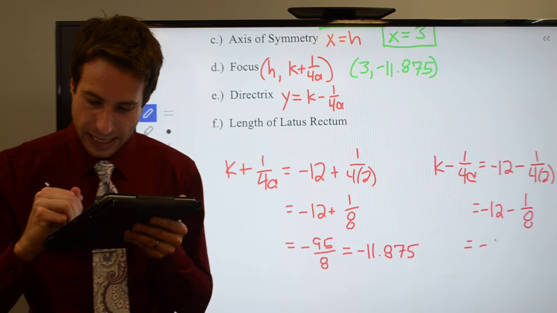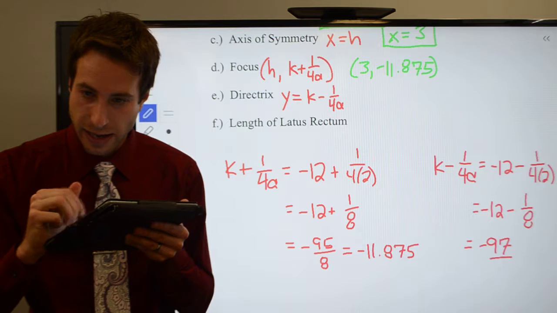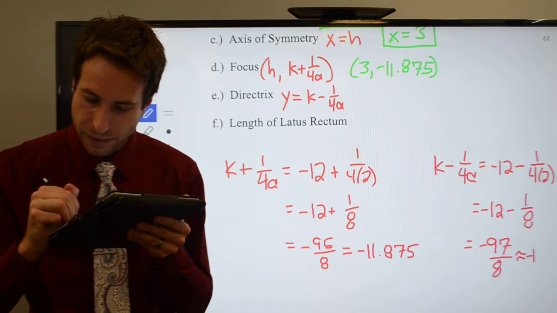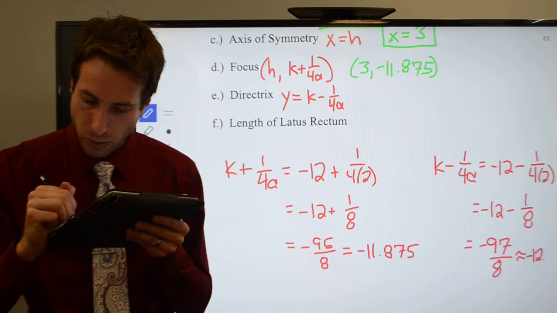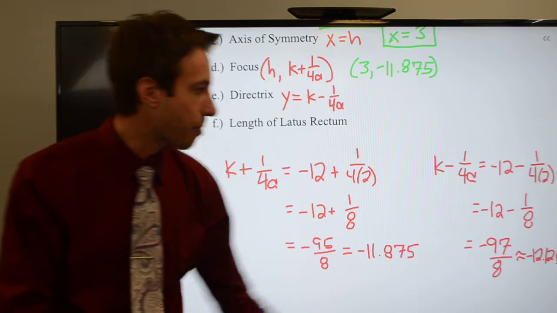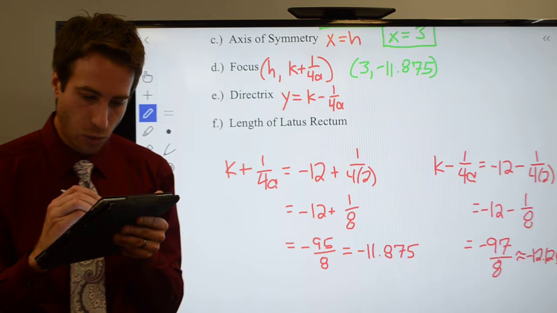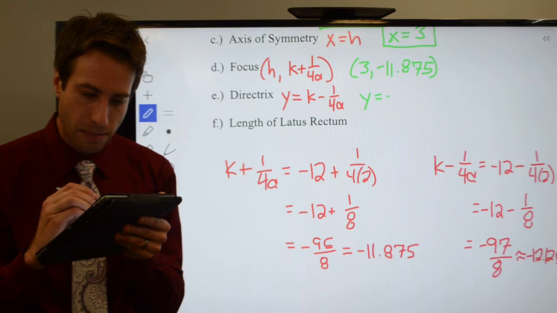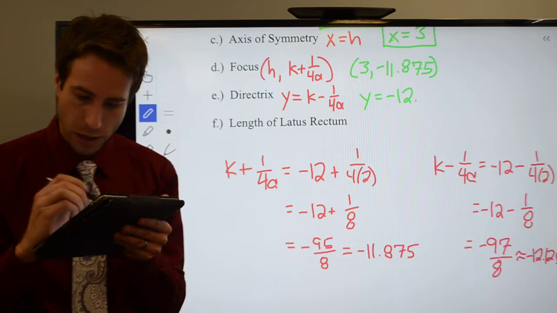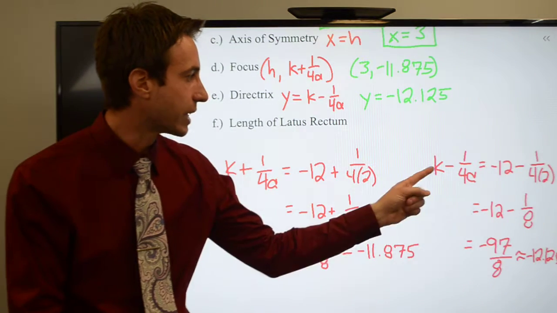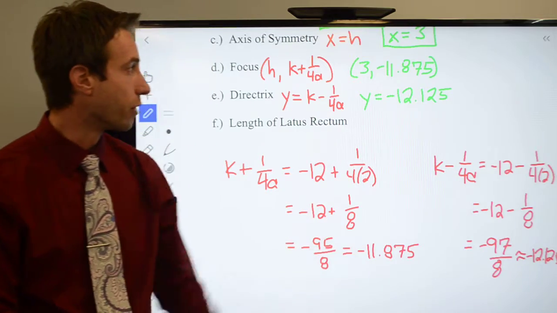I get -97/8, which is approximately -12.125. I apologize, I had to squeeze over there. But anyway, here's what you get. Y equals -12.125. And again, that comes from doing K minus 1 over 4A.